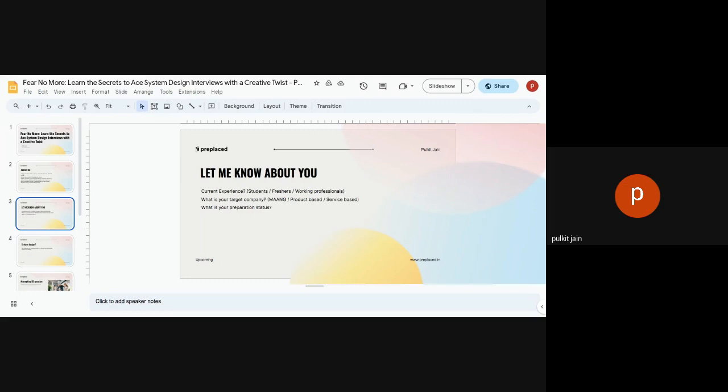And any free resources available to prepare for LLD? Yes, there are a lot of free resources out there. I can share a few resources post the session with the team. You can also book a one-on-one free mentoring session with me so that I can share resources as per where you stand, because it could be very different for each one of you.